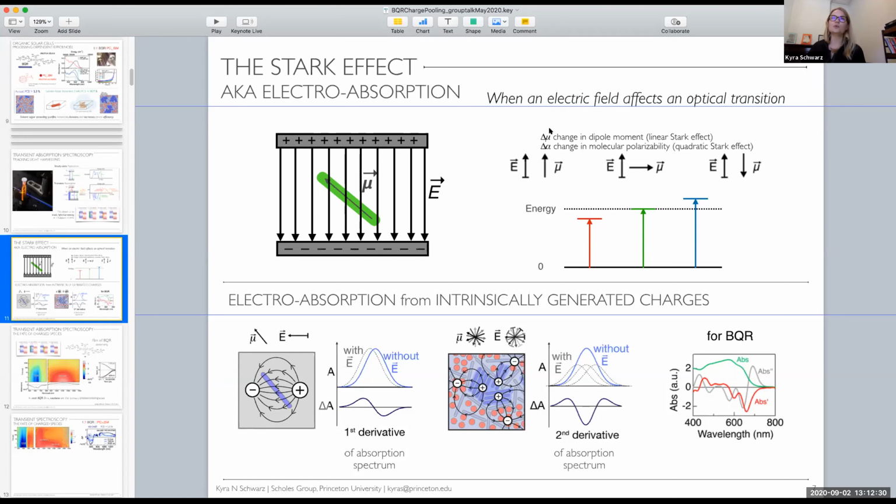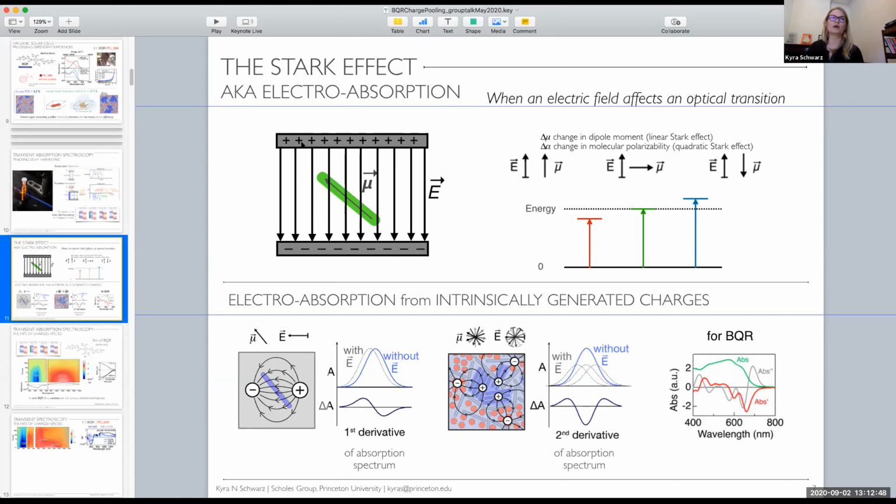This can be to do with the dipole moment or the polarizability, but if it's affecting the dipole moment, it turns out the relative orientation between this electric field and the transition dipole moment has a big effect on which way the energy levels get shifted.